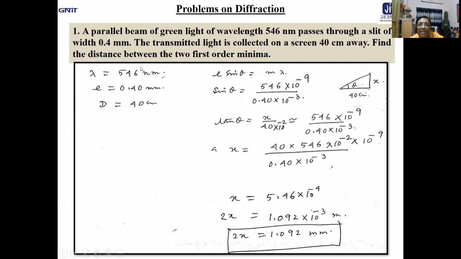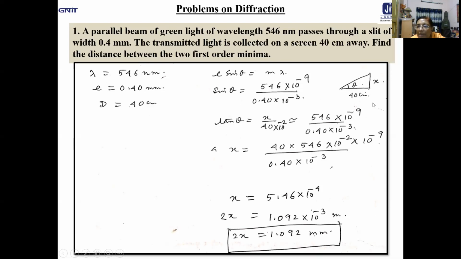Now the question is, what about the distance between the two first order minima? Just take a look. Say this is the position of the single slit, and around this we will get the intensity distribution. Now this is the point directly opposite to the slit, that is position of principal maxima. This is a first order minima.